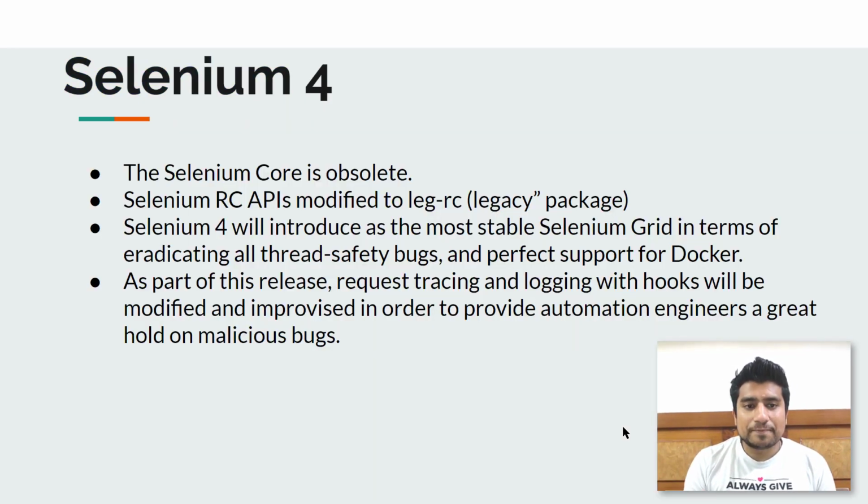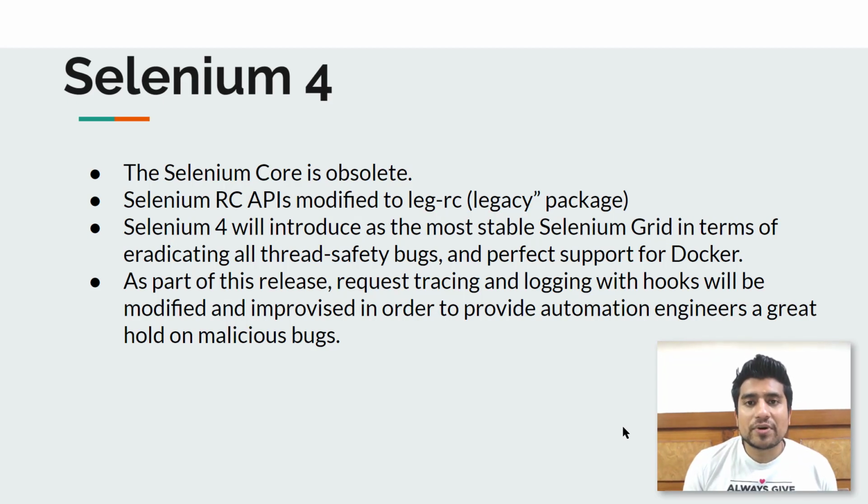Alright, so as you know, with the release of Selenium 4, the Selenium Core is going to be obsolete, and the Selenium RC APIs are going to be legacy APIs. Selenium 4 is also going to introduce a more stable Selenium Grid in terms of thread safety, as well as proper Docker support.